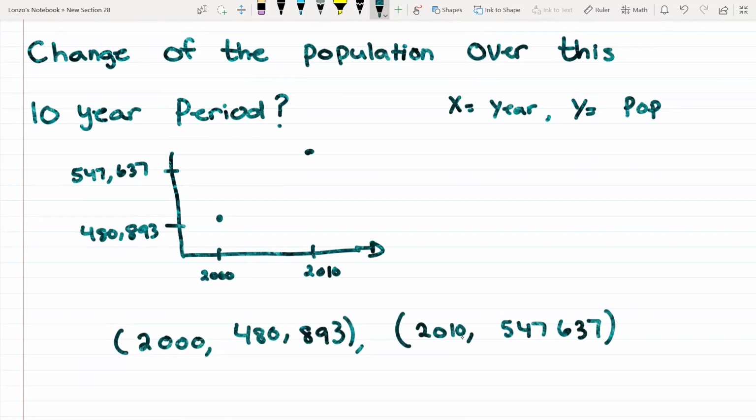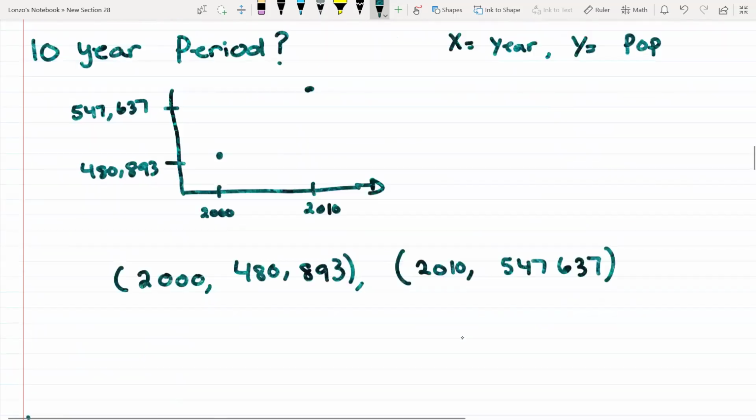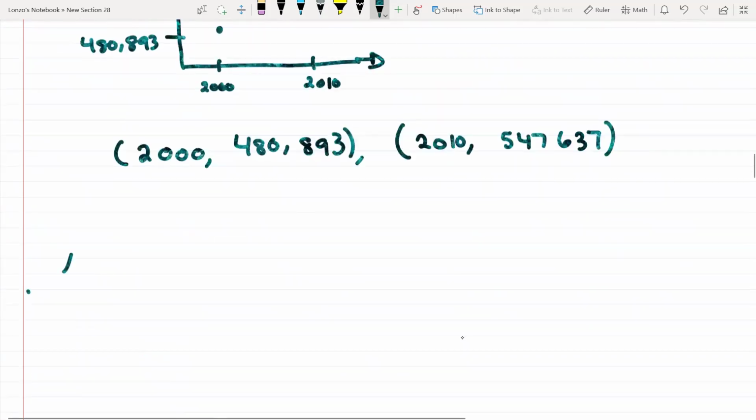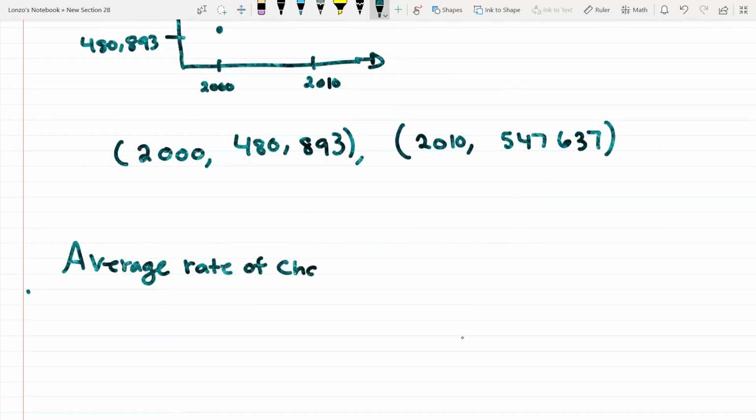So for average rate of change, we can just use the slope formula, right? With x1, y1, x2, y2, what is the slope formula? It's y2 minus y1 over x2 minus x1.